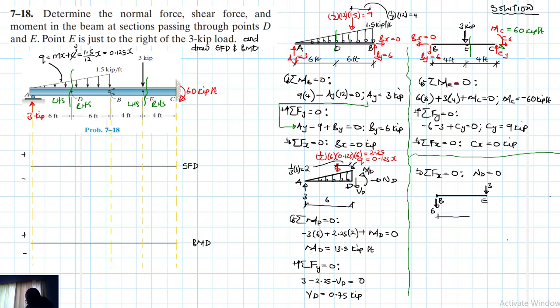The length of this is 4 feet, and here we expect to have VE, ME, and NE.